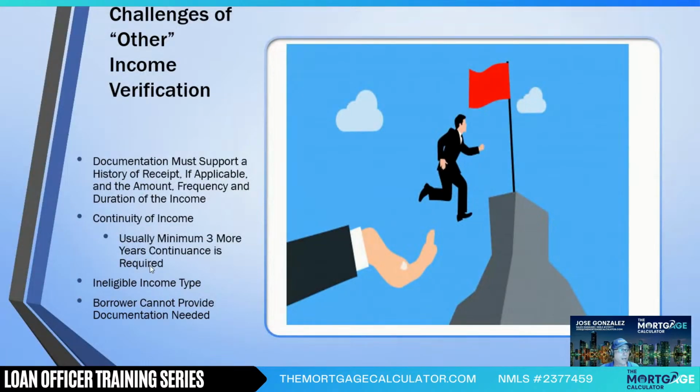So when we come back here and see all those unusual income types, we're needing to get certain types of documents to be able to prove it, right? Like when you're talking about child support, and the borrower can't provide any type of agreement in writing that says until when they're getting child support.